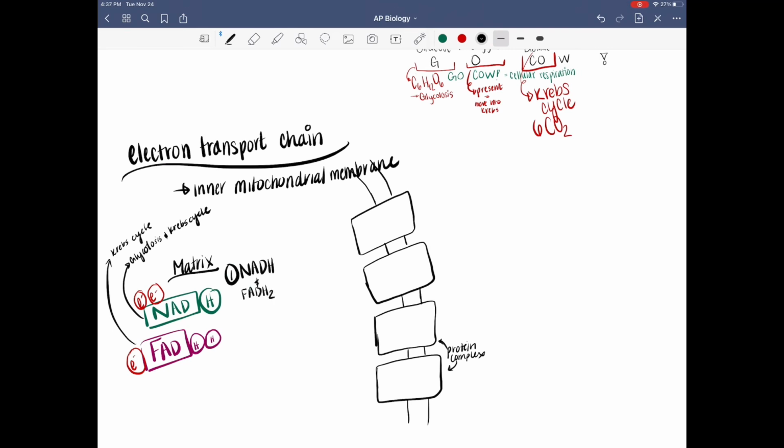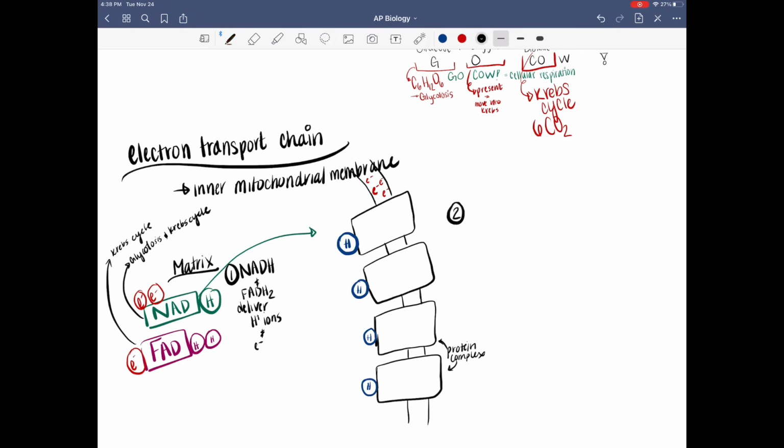So the first step is where our NADH and our FADH2 are delivering hydrogen ions and electrons to our protein complexes. So hydrogen ions are going to get into place at the end of the protein complexes.